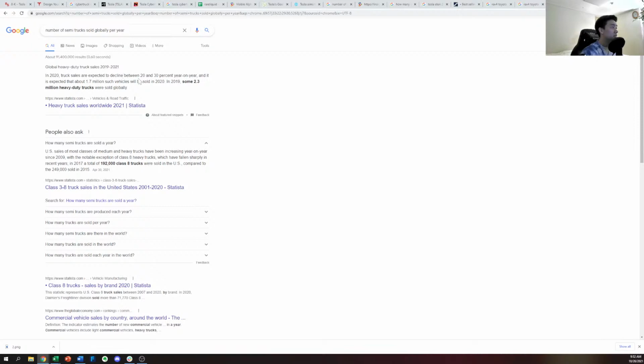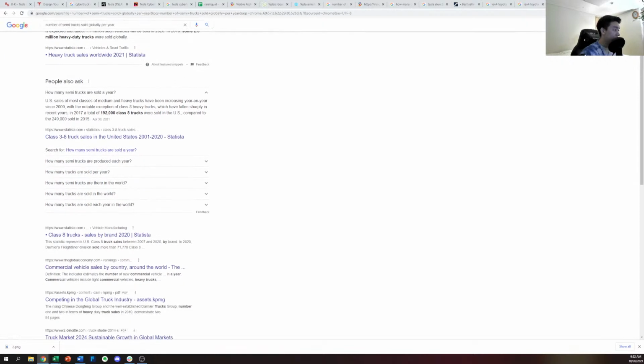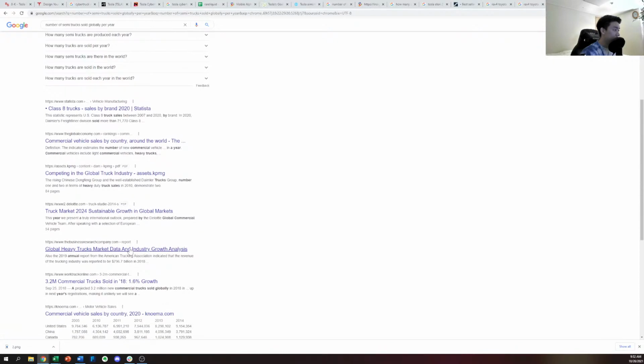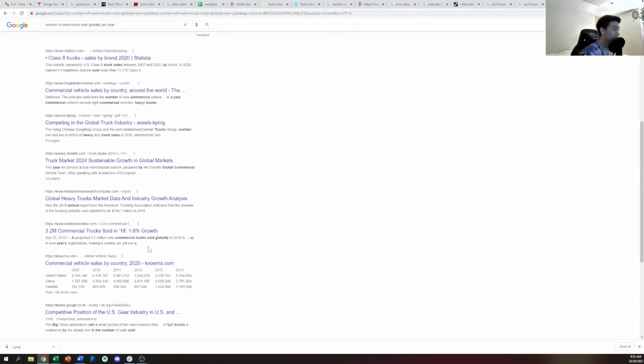Global heavy duty trucks, that might not be the same thing as semi trucks though. Yeah, aggressive assumption. Remember, if you guys are just joining, I'm building towards the 20 million per year that Elon is trying to reach. So that's why this is the most aggressive assumption that we're going to have.